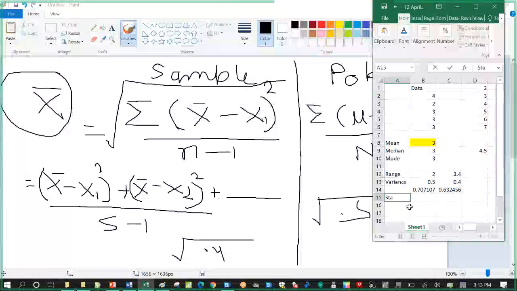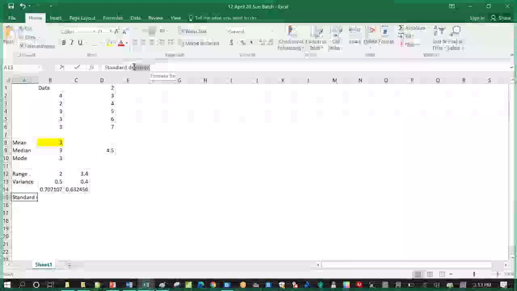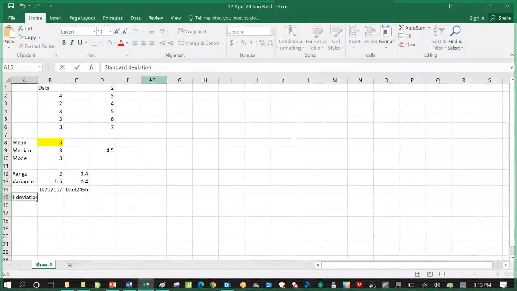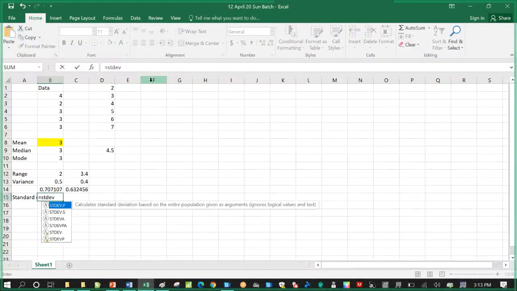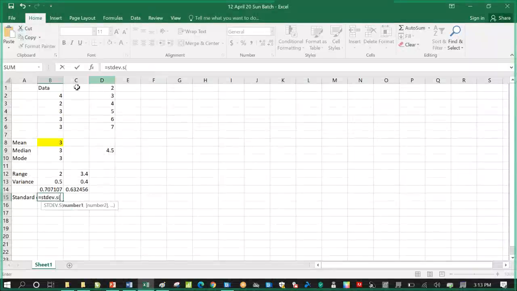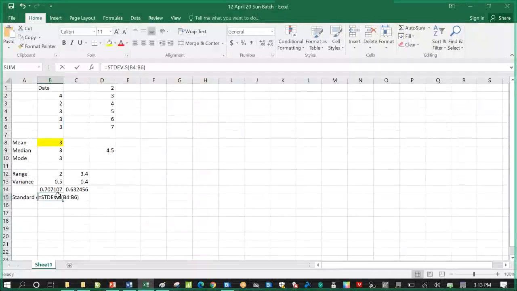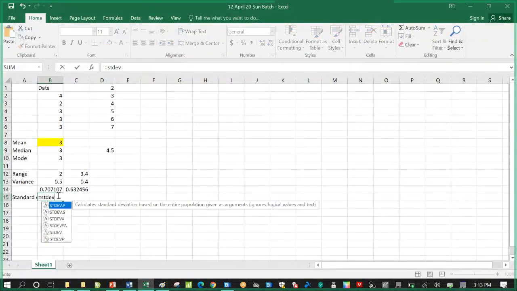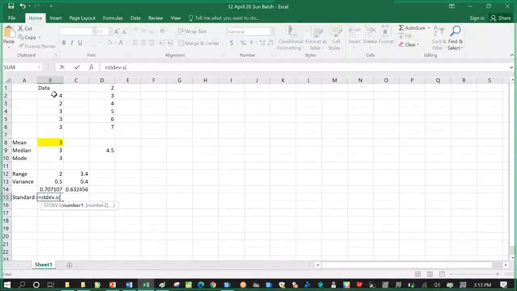And you can directly calculate standard deviation in Excel. Equal to STDEV dot S, meaning for sample, and you select the data points. Hit enter.